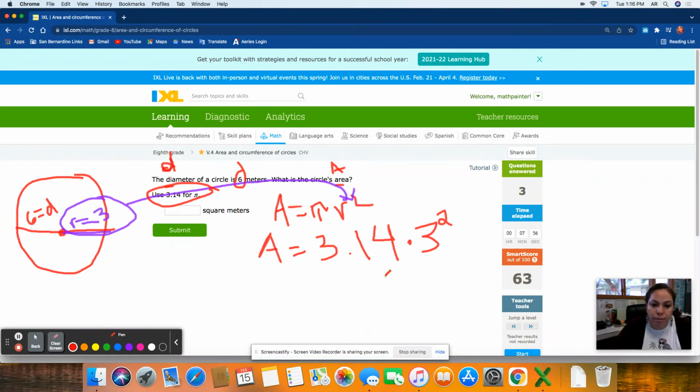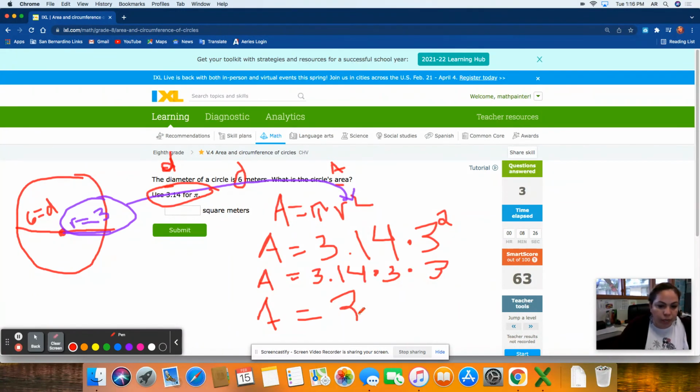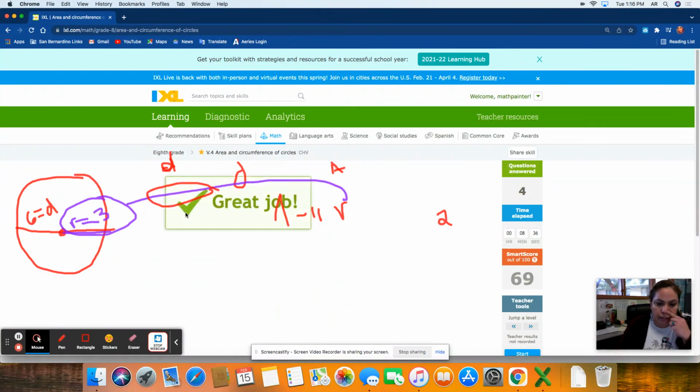Now it means to simplify the whole numbers together. 3.14 times 3 times 3. If you multiply all this together, it equals 28.26. And that is our answer. I am going to submit it right now, 28.26.